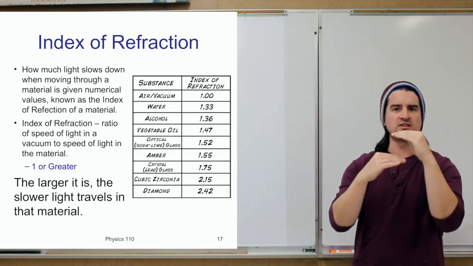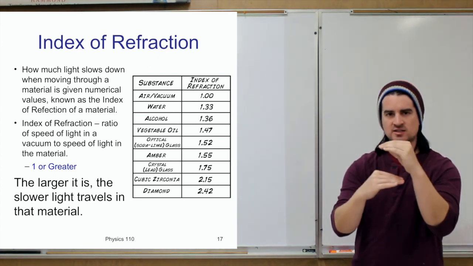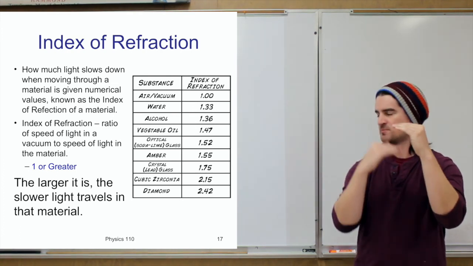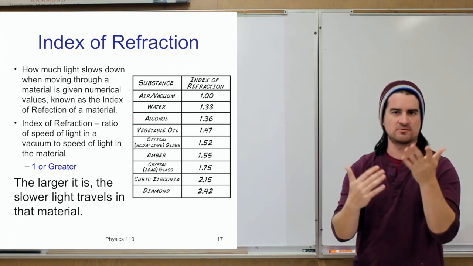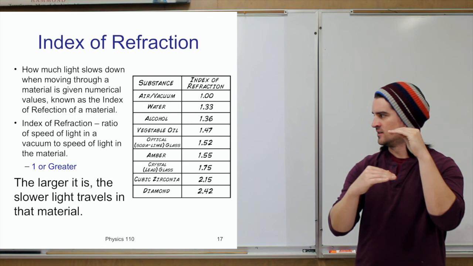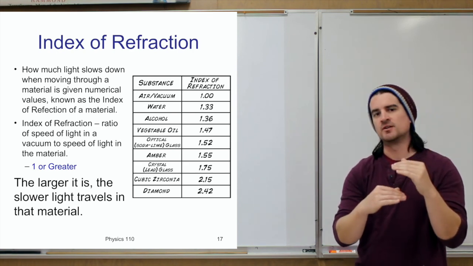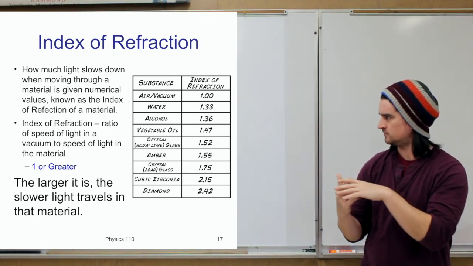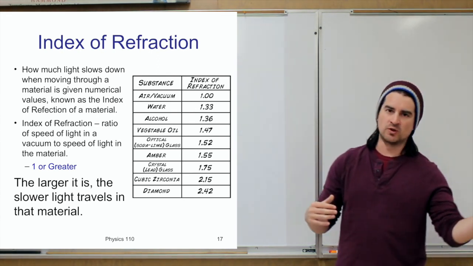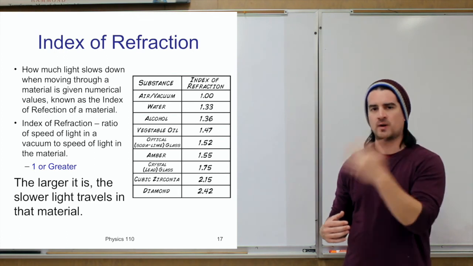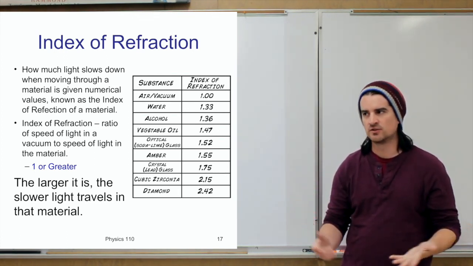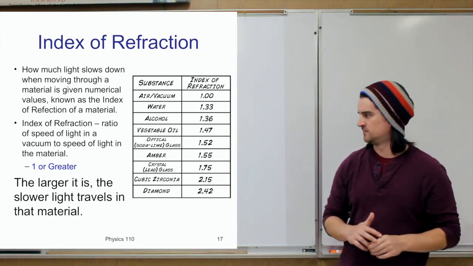So what that means is that this number, this index, is either equal to 1, where we divide the speed of light in a vacuum by the speed of light in a vacuum, so the index of refraction of the vacuum is 1, or you divide by a smaller number and you get a value greater than 1. So the index of refraction for a material is either going to be equal to 1, that's for a vacuum, or it's greater than 1. And essentially the larger the value is, the slower light is moving in that material.